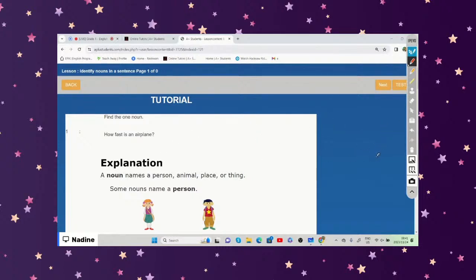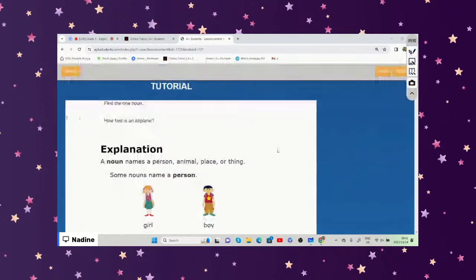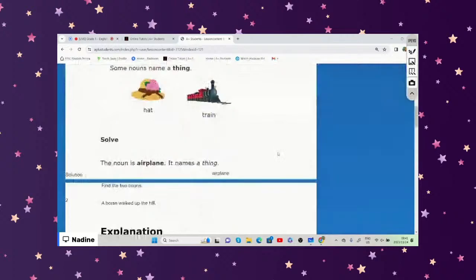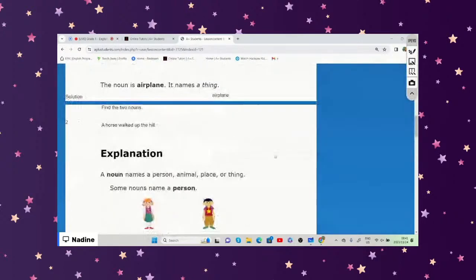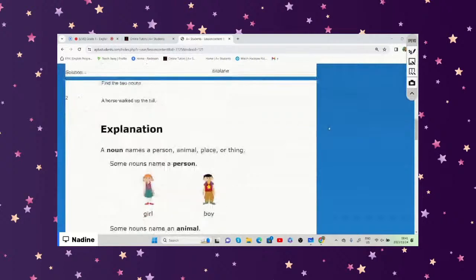A horse walked up the hill. We need to choose two.